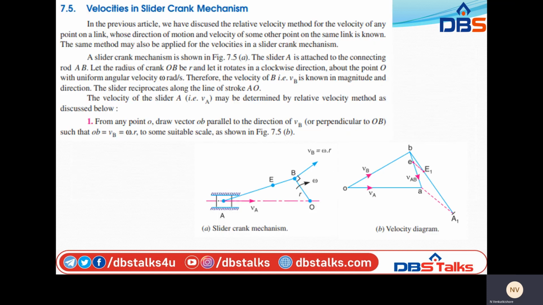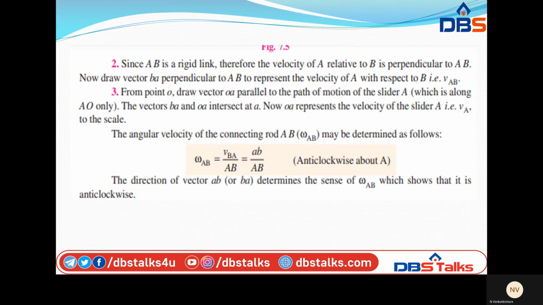If you see the direction of the vector BA in the diagram, it is anti-clockwise. It determines the sense of omega AB, which shows that it is anti-clockwise. With that, the velocities in mechanisms by the relative velocity method are completed.